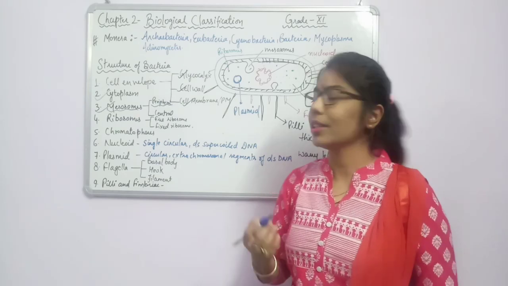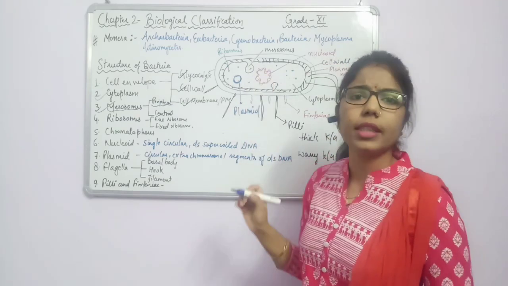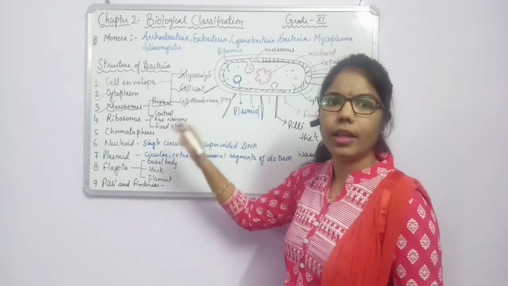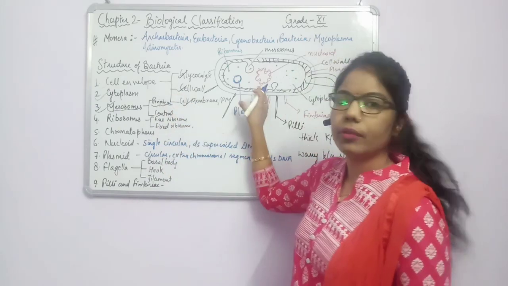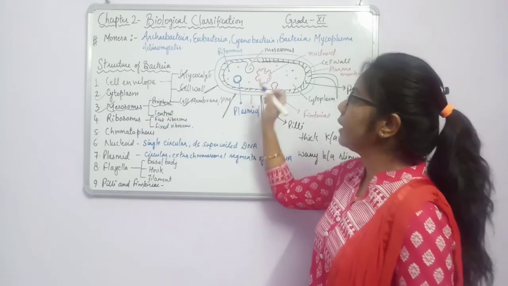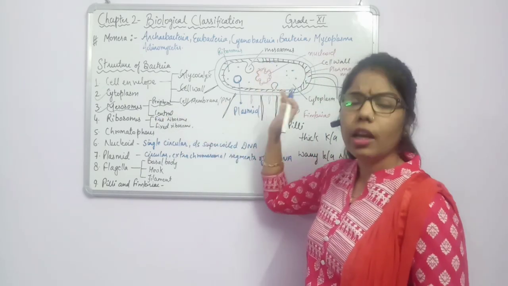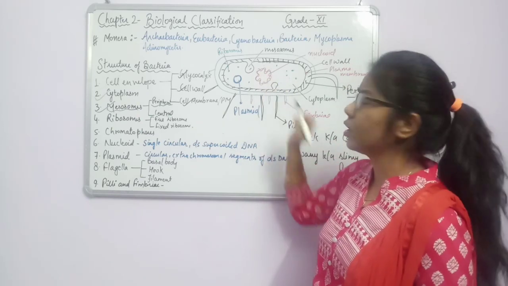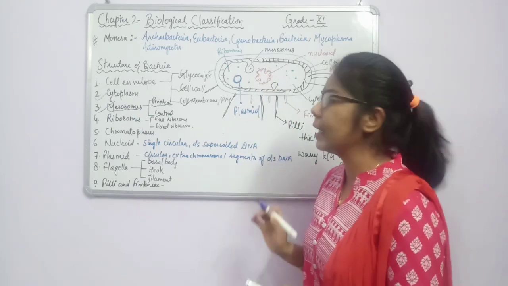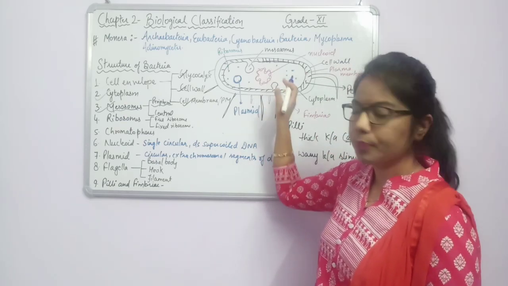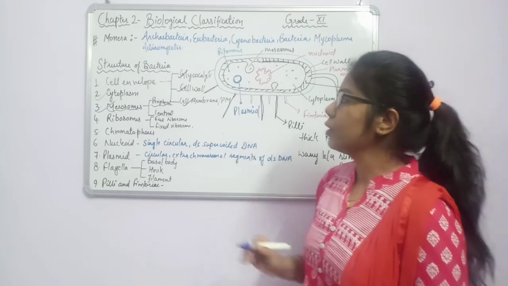The peripheral mesosome helps in the metabolism and respiration of the cell. And the central mesosome helps in DNA or genetic constitution as well as in cell division, because it is deep into the cytoplasm.